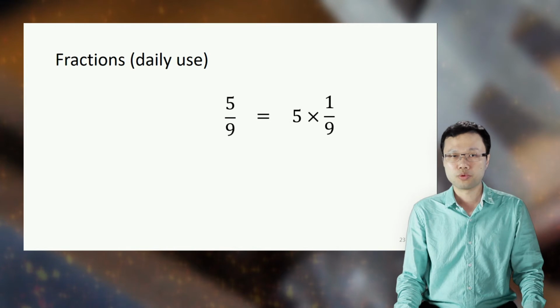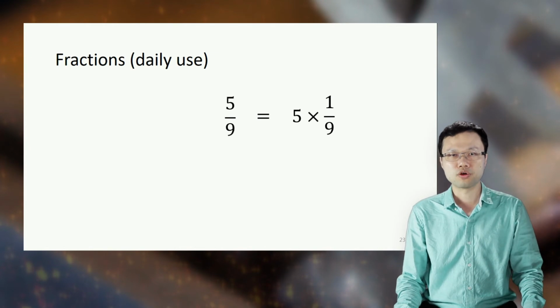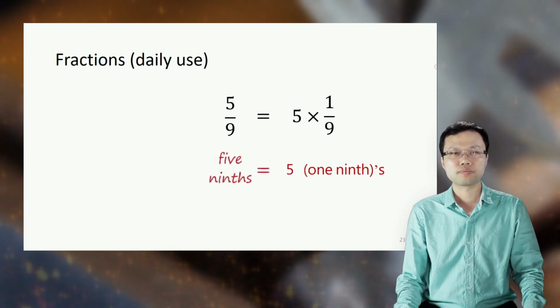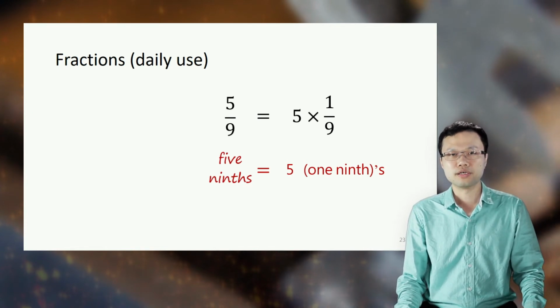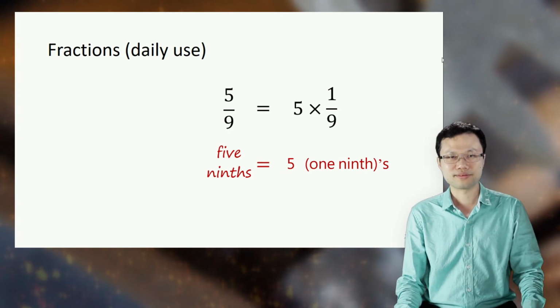Well, the reason is 5/9 can actually be decomposed into 5 times 1/9, which means there are five one ninths. As a result, this is called five ninths, and the ninth is in the plural form. Simple, yeah?